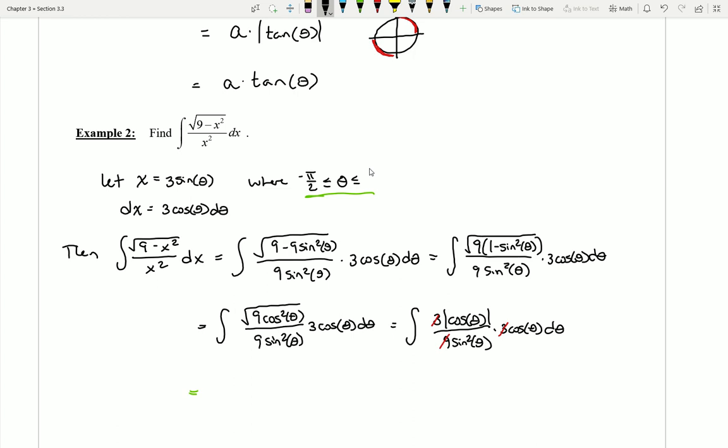And if I think back to my unit circle, the cosine would always be positive in quadrants 1 and 4. So that would be from negative pi over 2 to positive pi over 2. So now I can go ahead and rewrite this as a cosine of theta over a sine squared theta times a cosine theta d theta.